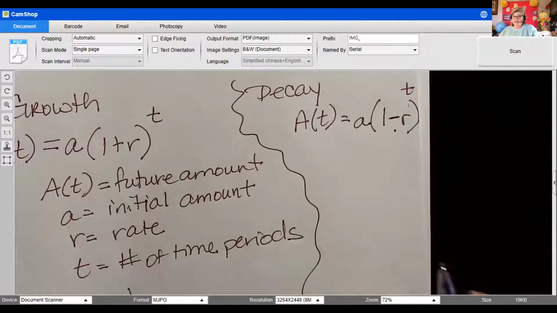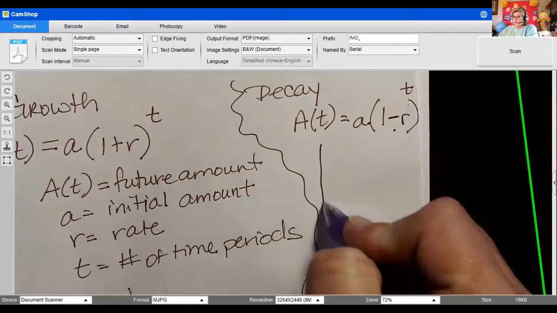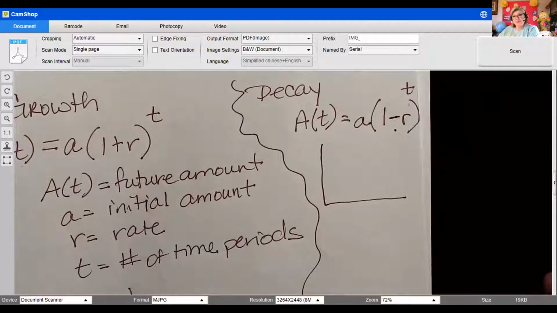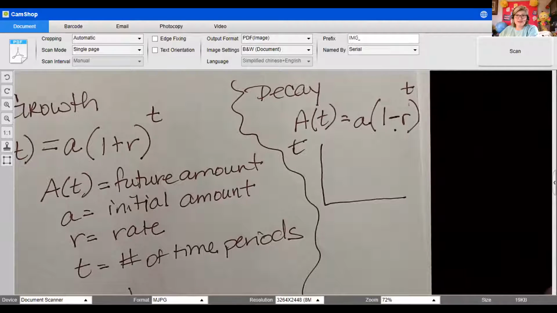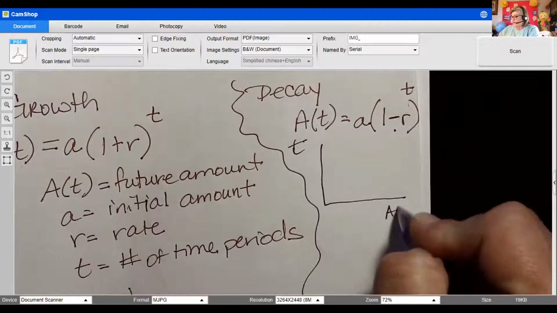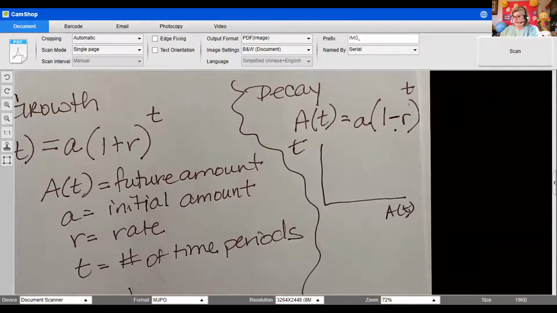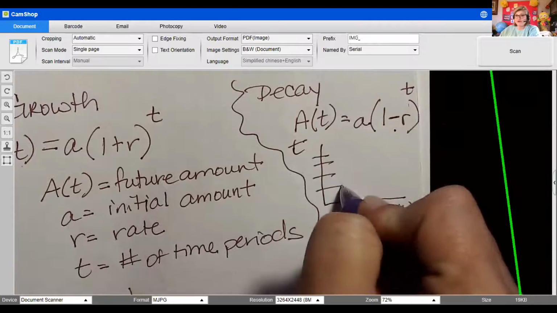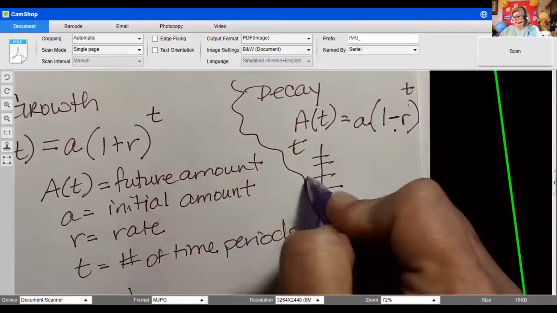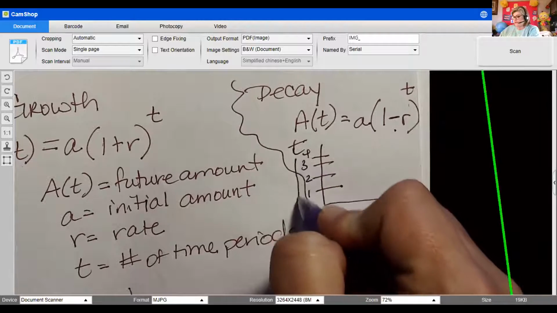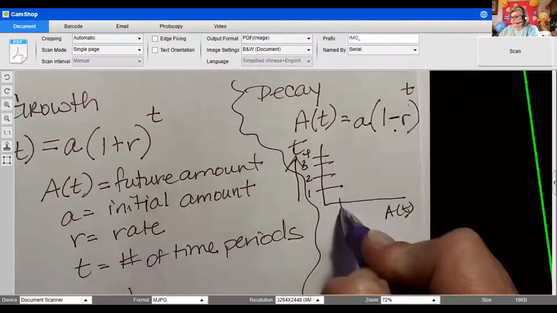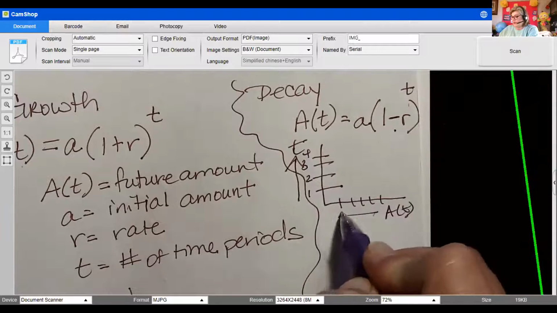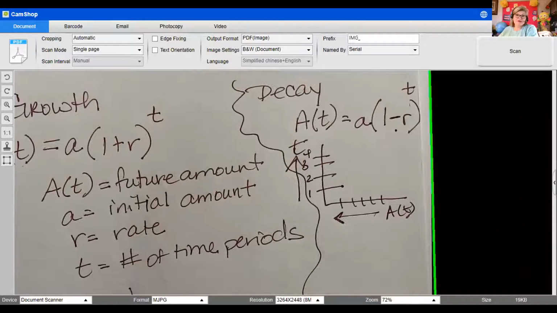All right, so there's our differences. Now let's look at application. Just real quickly, a sketch of a decay graph. You still have t on your vertical axis and A of t on your horizontal. And basically when you're expecting things to decrease, that means that as time increases, you expect your total amount to decrease.